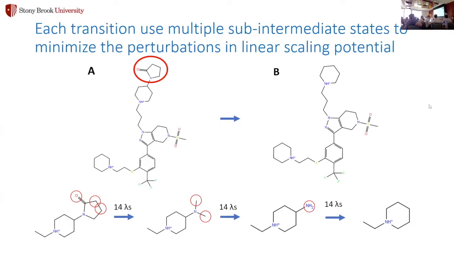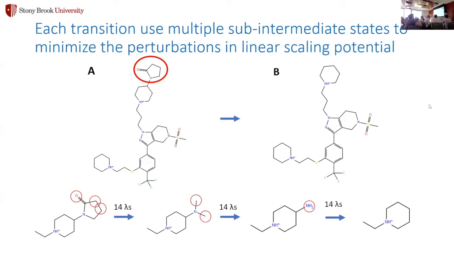As I just mentioned, we don't use soft core potential, we use linear scaling potential. So we need to make a reasonable perturbation every step, so that dV/dlambda is not fluctuating too much.